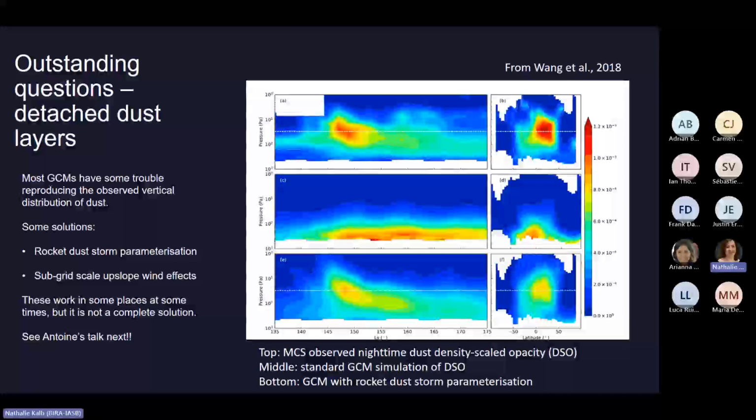So basically, I will leave this for Antoine to say more about, maybe, because I know you did some work on upslope winds. I didn't add this in, but I'm also looking at our vertical diffusion, because with the eddy mixing, we tend to have a really good boundary layer, but it drops off just a little early.